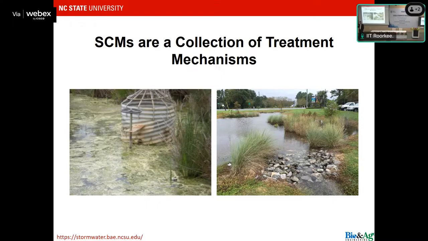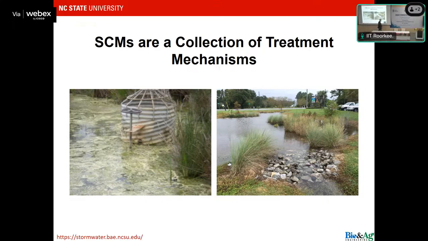So the abbreviation for stormwater control measure, anyone want to guess what it is? SCM, all right? You're going to see me use the term SCM a lot. It's just another word for green stormwater infrastructure, more or less.